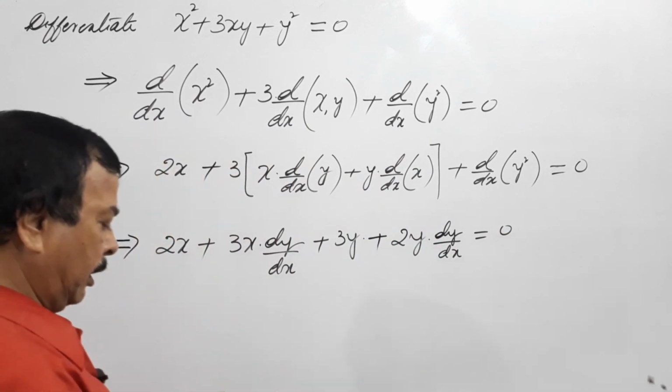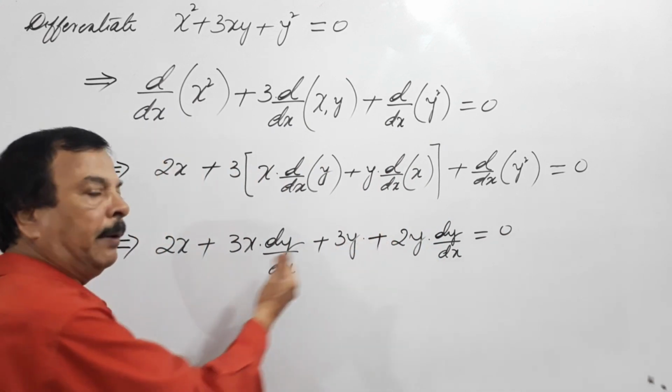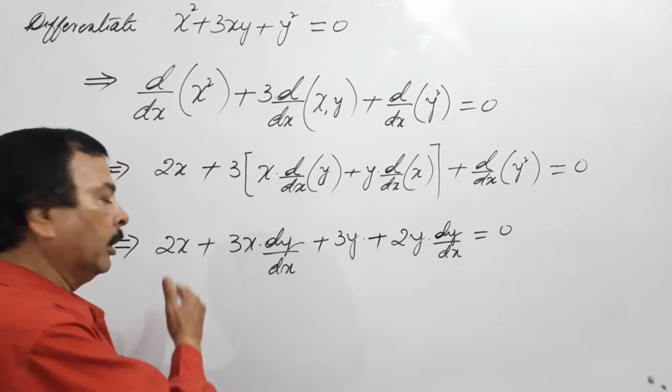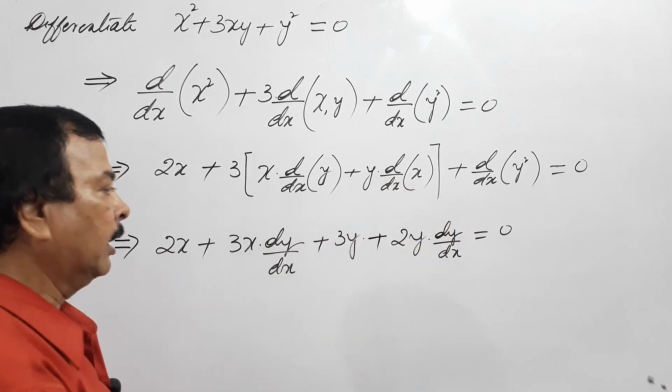So what I will do, I will keep the dy by dx terms on the left hand side, the non dy by dx terms on the other side.